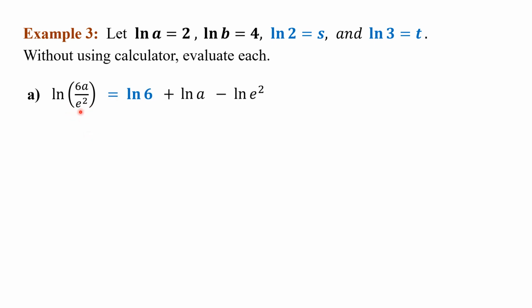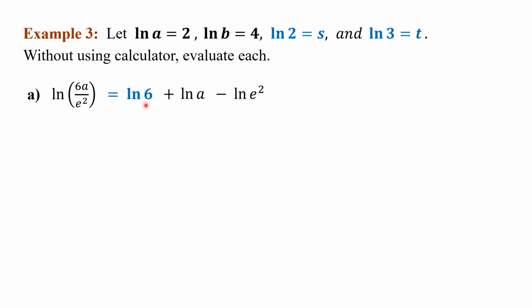So we have ln 6 plus ln A minus ln of e squared. Now ln A is equal to 2, and ln e squared we can simplify as the power 2, because ln and e are together, so the answer is the power.